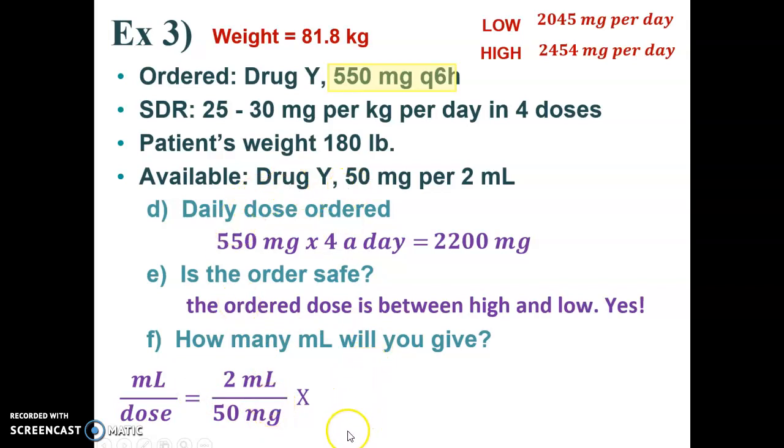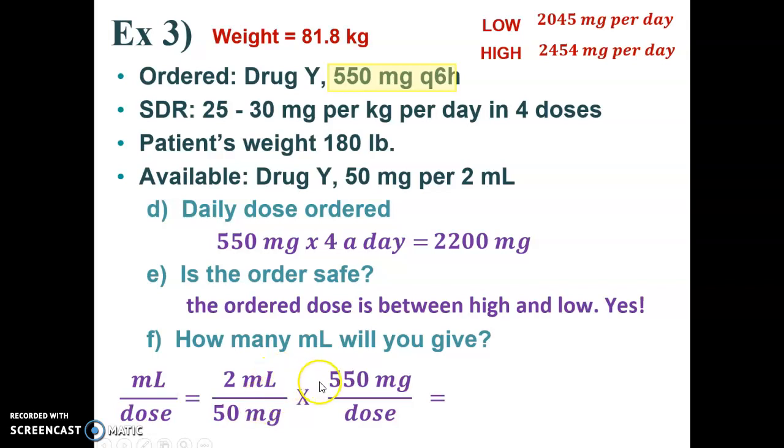The second fraction usually comes from your order, as long as the units are matching, which ours does. So let's pull in that 550 milligram, and remember that is given per dose. We do have to give 2,200 milligrams per day, but we're only given 550 milligrams per dose. And again, we're calculating milliliter per dose, not milliliter per day. Just milliliter per dose.